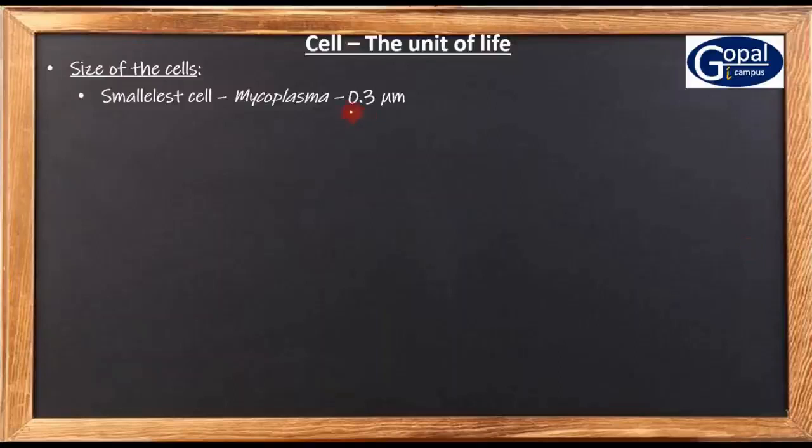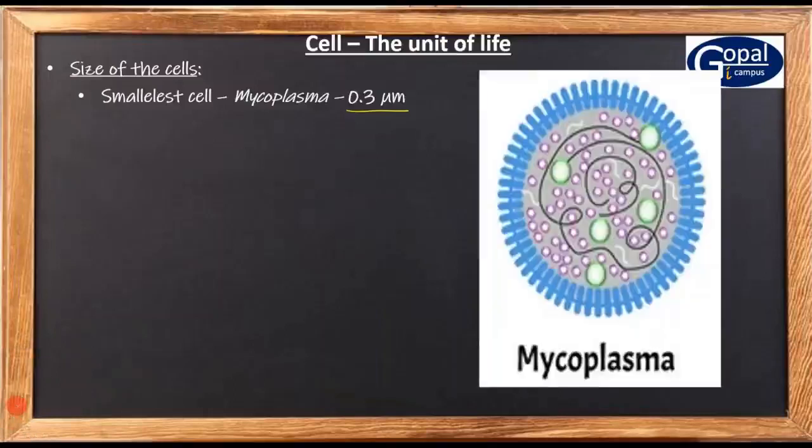The size of the mycoplasma is 0.3 micrometers. One micrometer is one millionth of a meter, is it not? So the size from here to here is 0.3 micrometers.